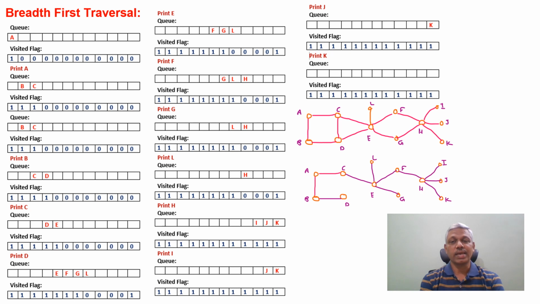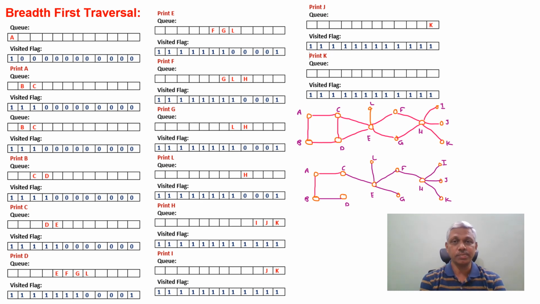Again, the latest element is L, and no new vertex is added, and the next element is H. H has to be printed, and I, J, K are added to the queue, and the corresponding flags are set as 1. Then the latest element is I. Print I, no new vertex is added, all the vertices are flagged as 1. Print J, again no new vertex is added. Print K, no new vertex is added.